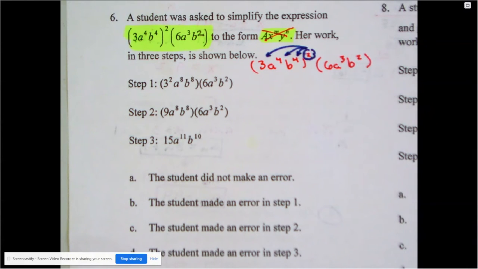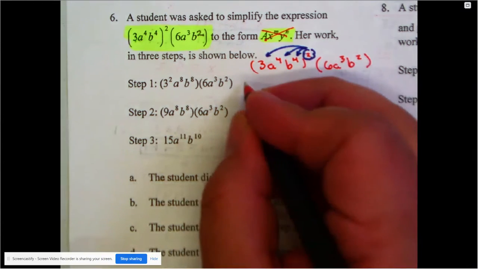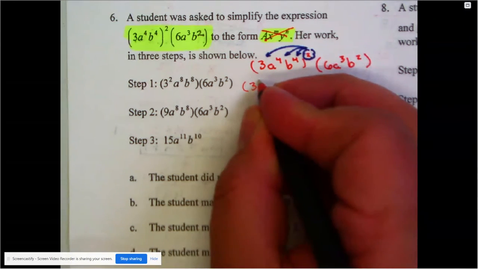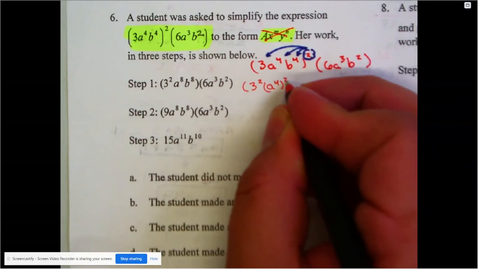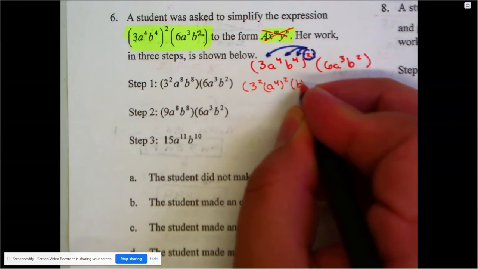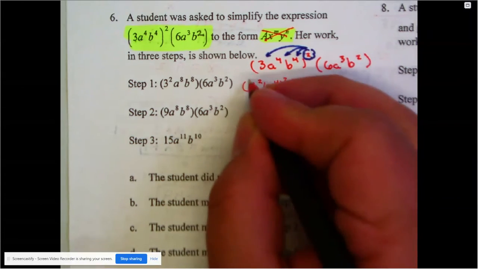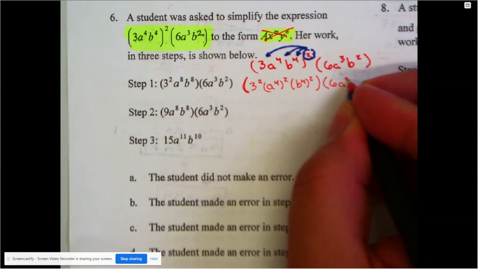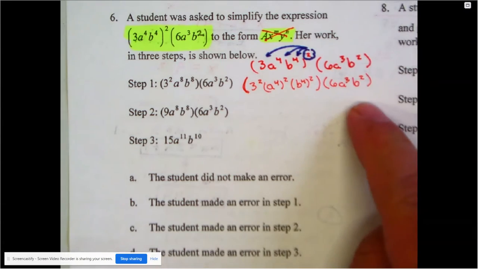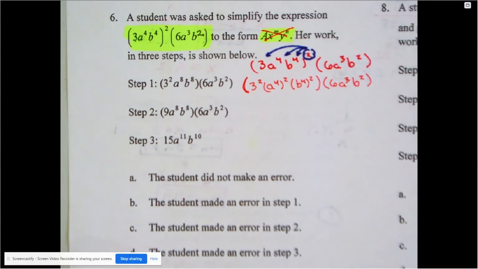And just that parentheses. So look at what we have. We would have 3 squared. We would have a to the 4th squared. We would have b to the 4th squared. There's that big parentheses. And then over here would be 6a to the 3 b squared, because it was just patiently waiting for everything else to happen.